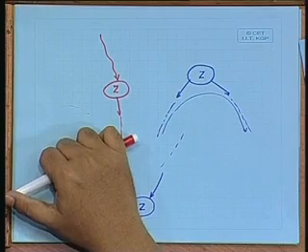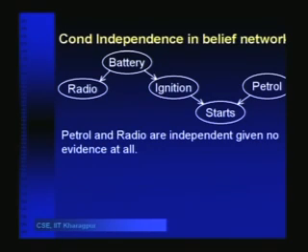If you look at the slide, the dependence between radio and ignition is through the battery, right. Now, if you do not know about the status of the battery, then obviously radio and ignition are dependent.